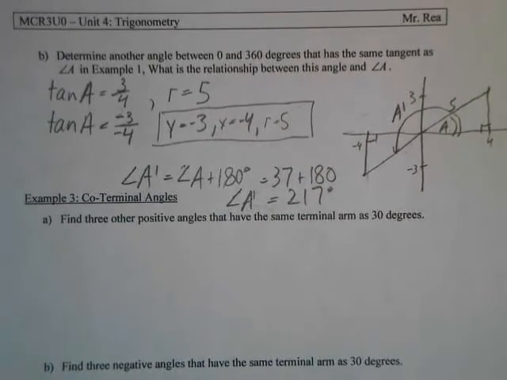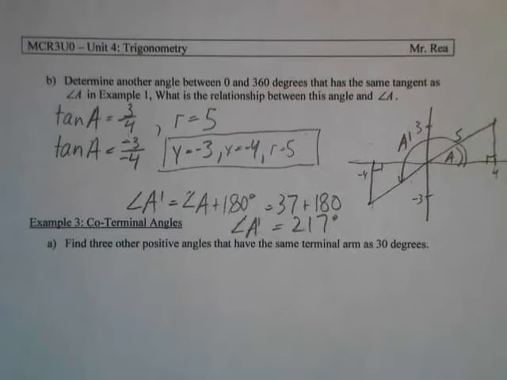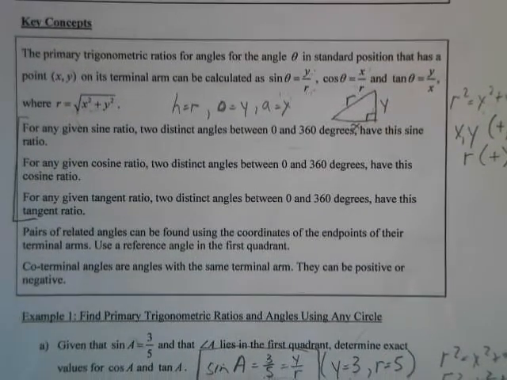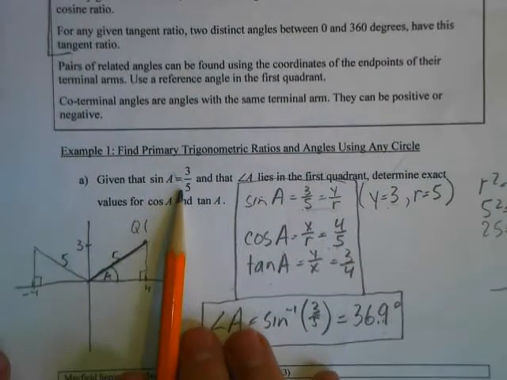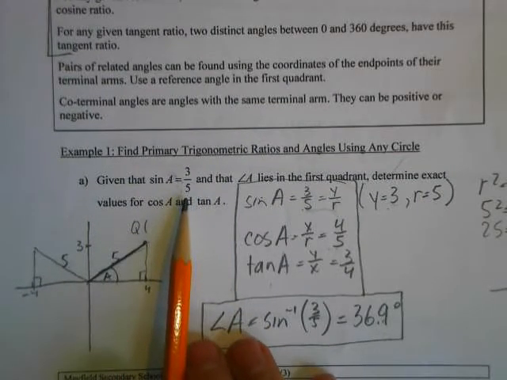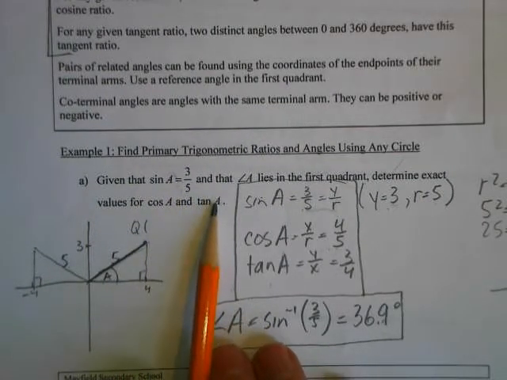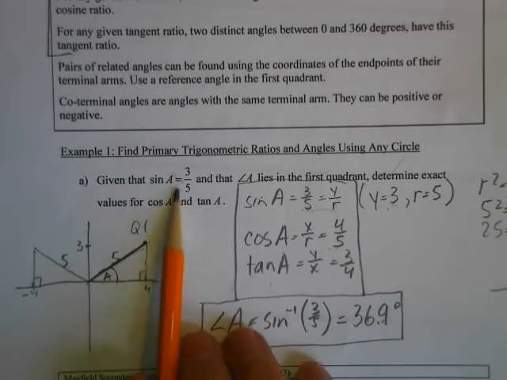Okay, so I know this section is a little difficult to understand at first, but hopefully you see the relationship. And like I said on the very first question, the things that you might be asked to do, and you will be asked to do on your homework, is, given a certain ratio, sine, cos, or tan of an angle equals a fraction, first of all, come up with the other ratios that are possible.